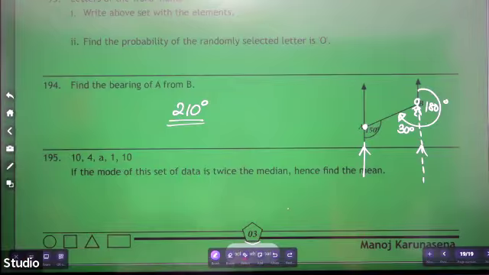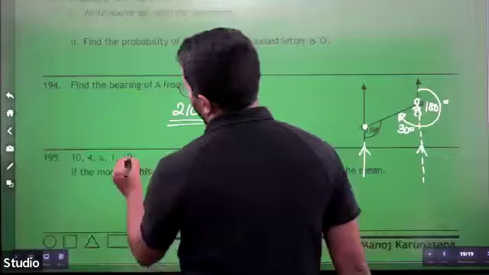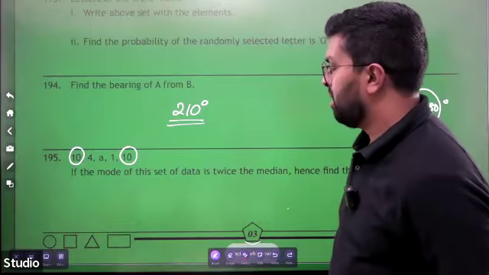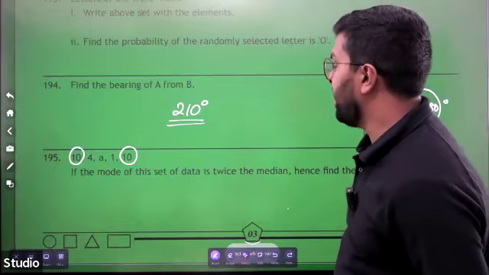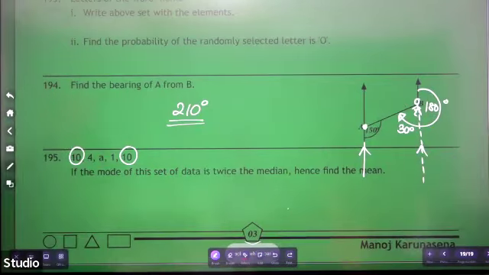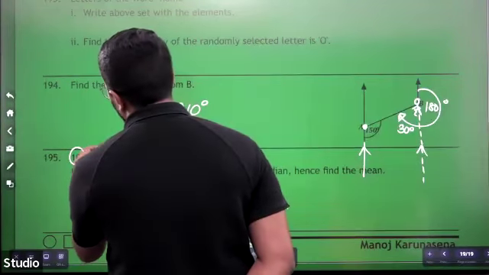The mode of this set of data is twice the median. I think a hint is given, right? So what do you think? What is the value of A? 5. Correct. A should be 5.